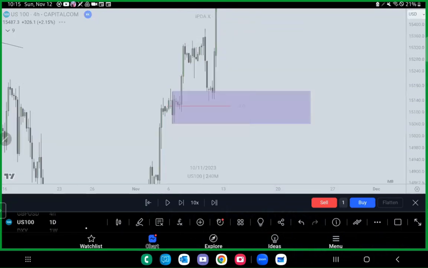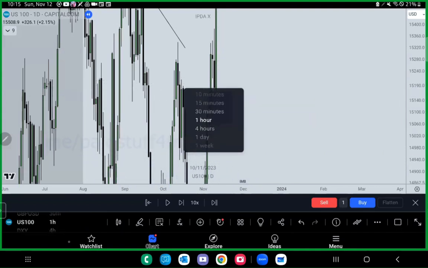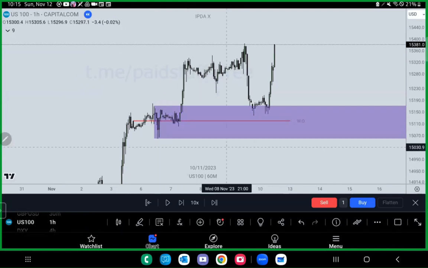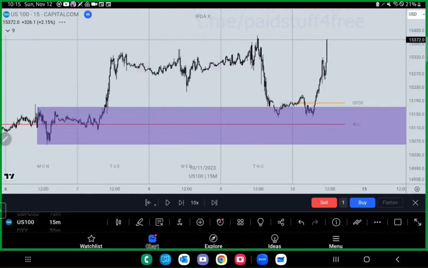Let's also check the daily chart. Okay, cool. All right, 1-hour chart. So OB here. And now we can go to intraday. We're taking out the previous day's low.